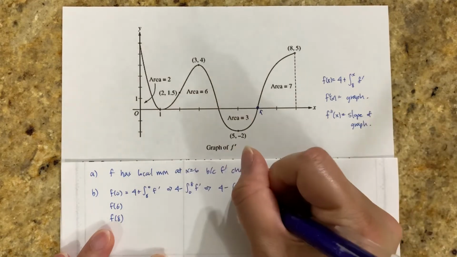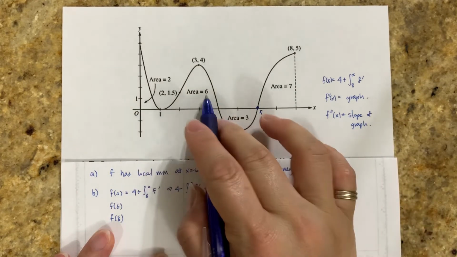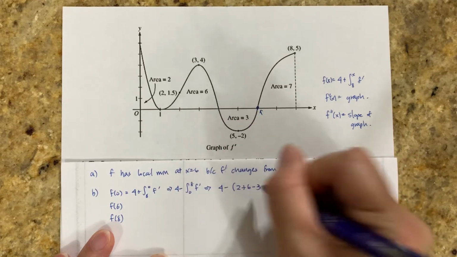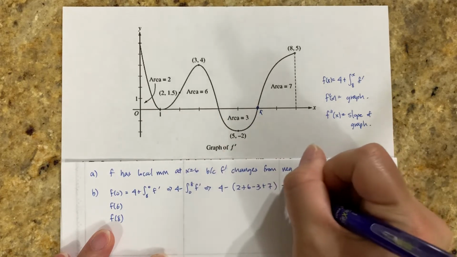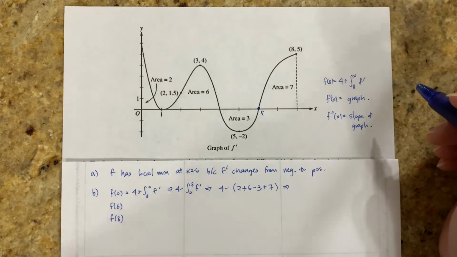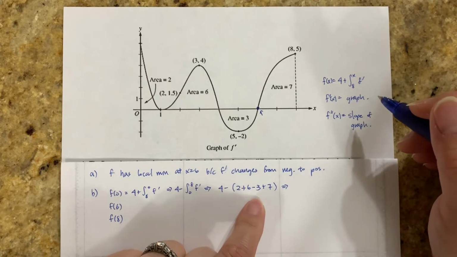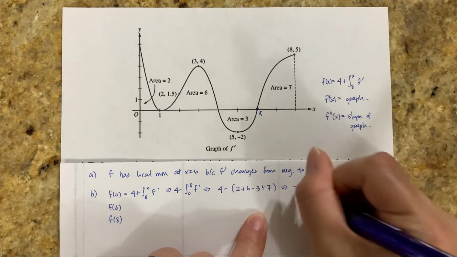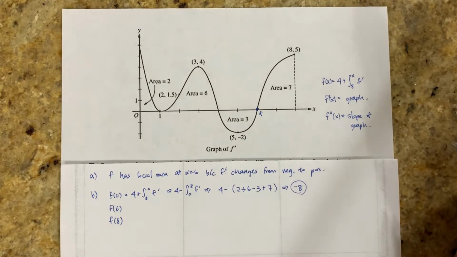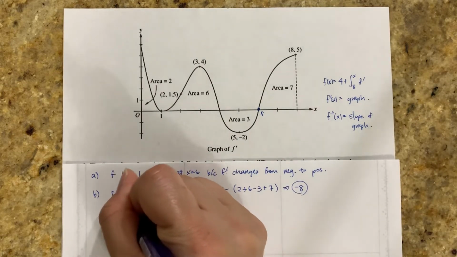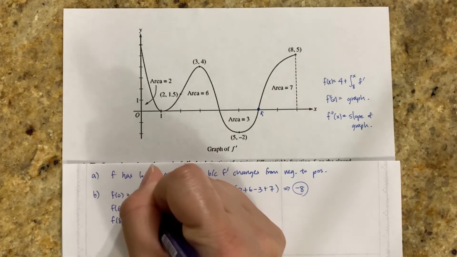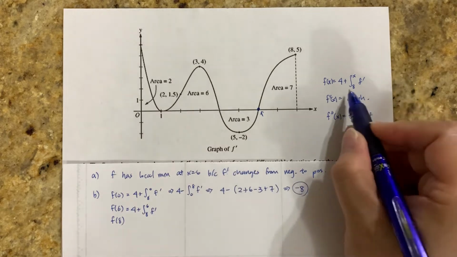So that's 2 plus 6, because these are positive. This is negative, so minus 3 plus 7. So what does that give me? This gives me 8 plus 7, that's 15, minus 3 is 12. So 4 minus 12, negative 8. That's f of 0.